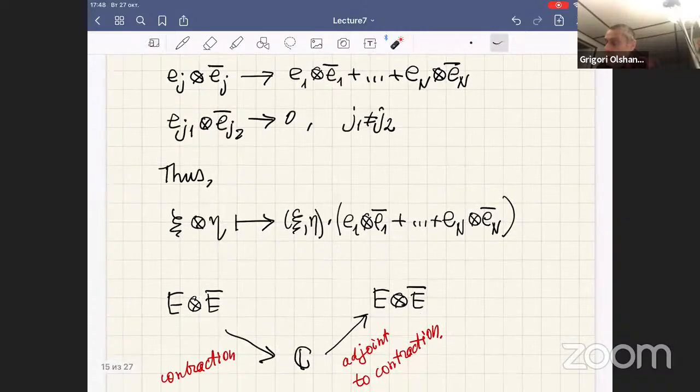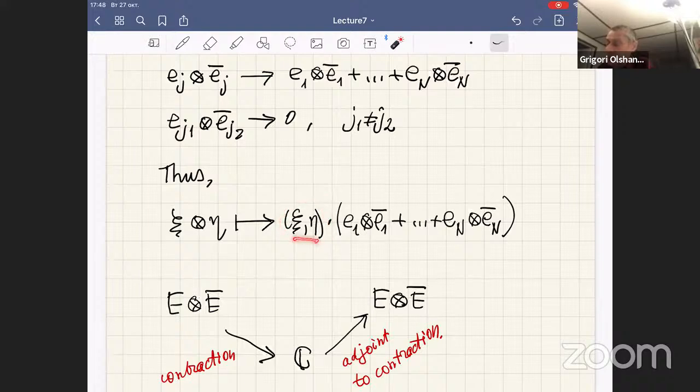So in other terms, without this interpretation in terms of operators, just in the initial picture, one tensor is mapped into another tensor. The picture is as follows. We take the inner product.